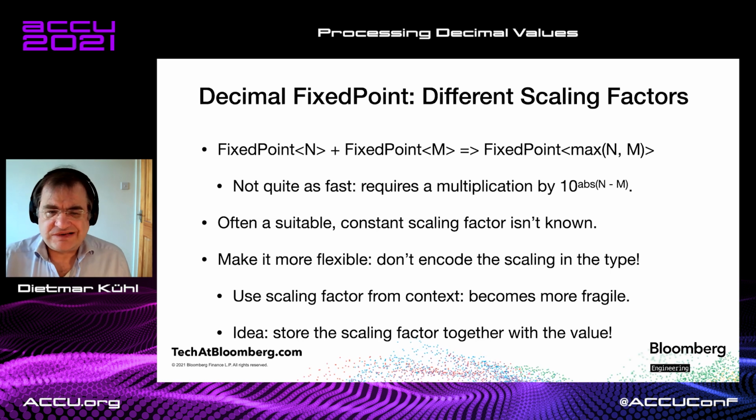And well, if the constant scale factor is not known, which is like in our system, I process market data from all kinds of sources, and some of them have only integral values, so they have 0 fractional digits, and others have up to, I think, 8 is a not uncommon number of fractional digits, so there's a wide variation. And unfortunately, if you go and say, well, but all of that fits in a 64-bit integer, you can effectively fit 19 decimal digits, 19 or 18, I'm not sure.